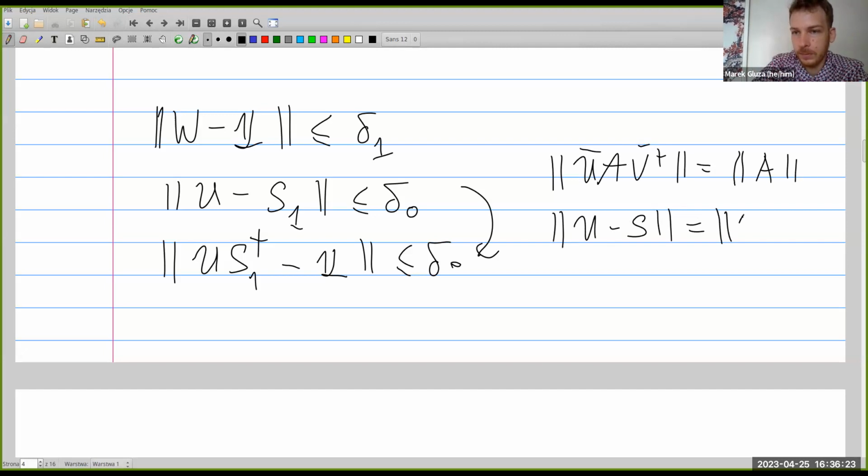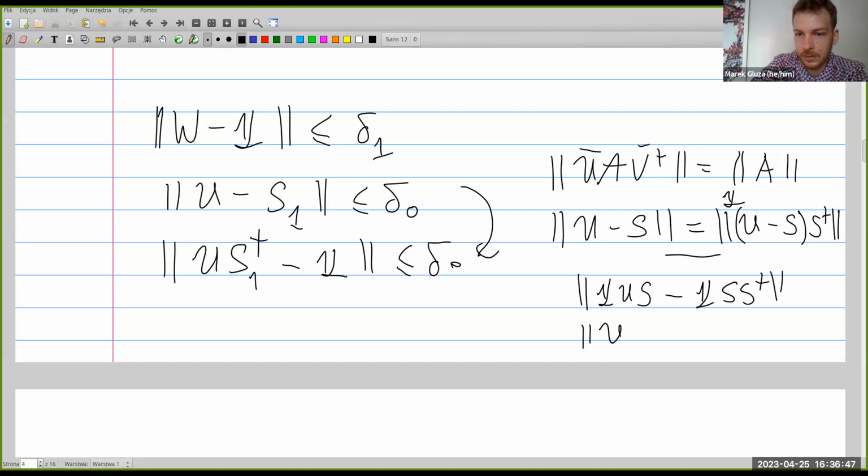I can for free put in any unitary operation on the outside. So I will put identity on the left and I will put the unitary operation S dagger here. This is equal because of the unitary invariance. So if I multiply it out, I will have identity U S, okay, simple stuff, minus identity S dagger is the identity. So I get U S dagger minus identity, okay?